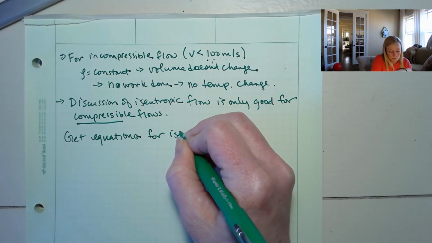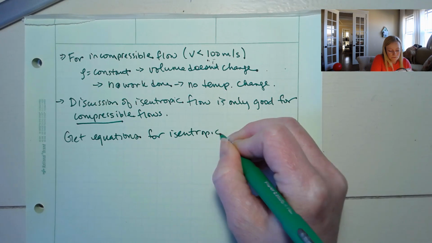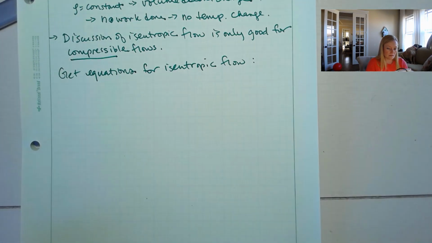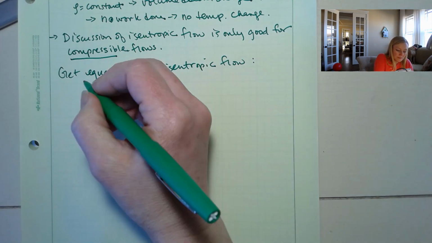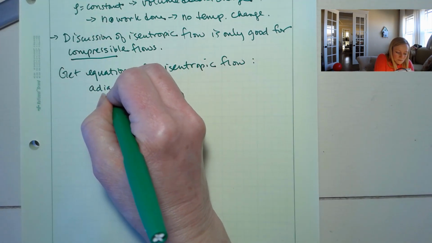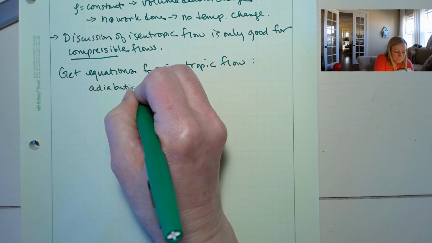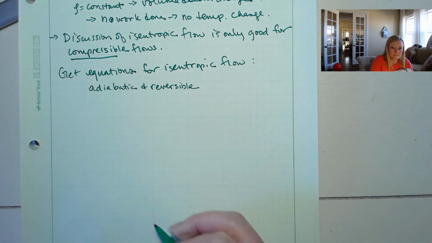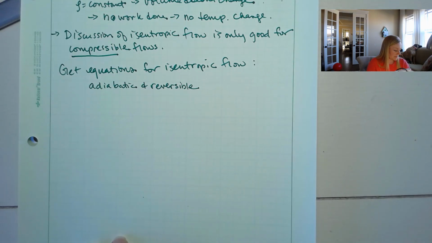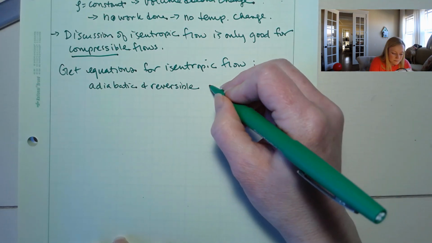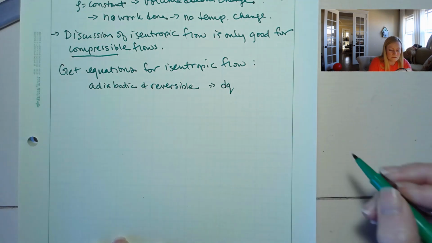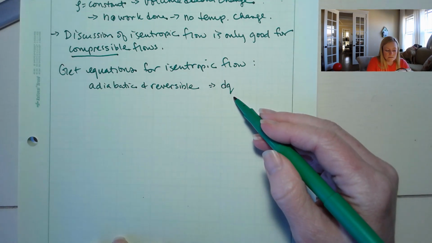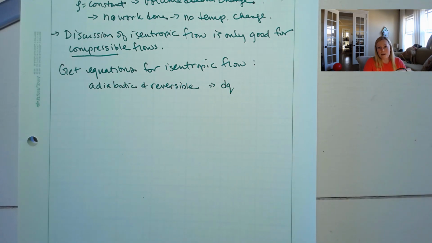And again, these are going to be for isentropic flow. So we already said it's going to be adiabatic and reversible. So we know we have that. Now if it's adiabatic, what's dq going to be? Remember, Q is heat. So if it's adiabatic, there's no heat added or removed.